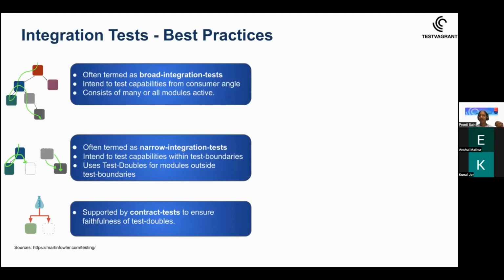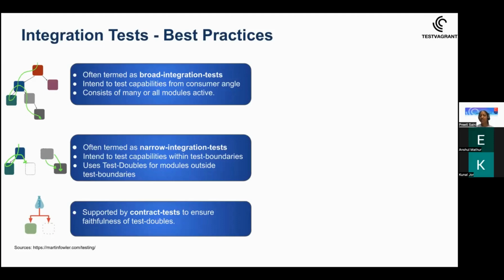Now, instead of relying on broad integration tests to test all the boundary tests for your repository layer, we could write more concentrated tests for the repository layer in the narrow integration tests, where they could verify all the different combinations of read and write operations, and in case there is additional logic and atomic operations in place to confirm that the transaction is consistent, that could also be verified with the narrow integration test, where the application context is smaller and only brings up the application context which is needed for these tests. So that's an added advantage for these narrow integration tests.